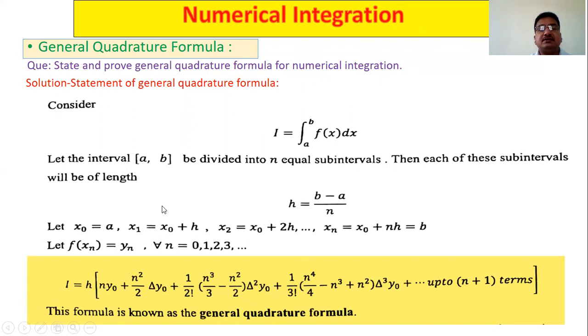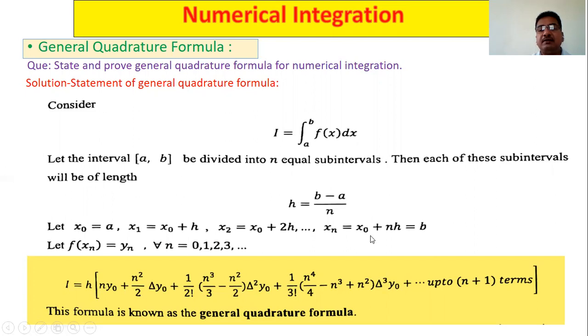Here h is the length of each sub interval, and therefore we obtain the next end point by adding h, and the previous point by subtracting h. So x0 is a, x1 is a plus h or x0 plus h, x2 is a plus 2h, and in this way the last point xn is x0 plus nh, which is equal to b.